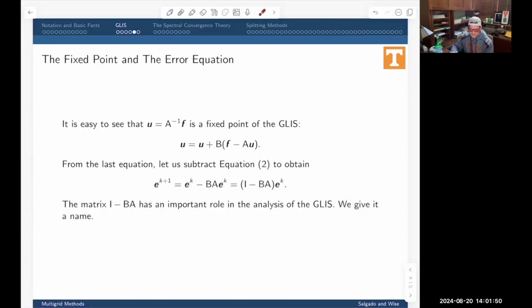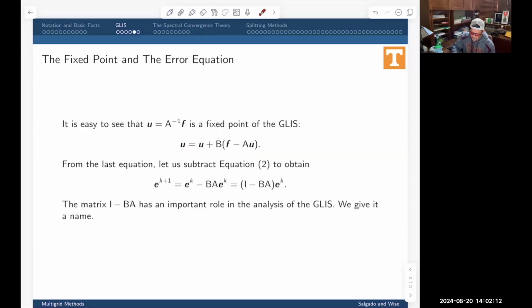All right, now let's construct an error equation, shall we? We have the simple error residual relationship we defined before, but let's define something more. It's easy to see that the true solution is a fixed point for our general linear iterative scheme, right? So let's see why.